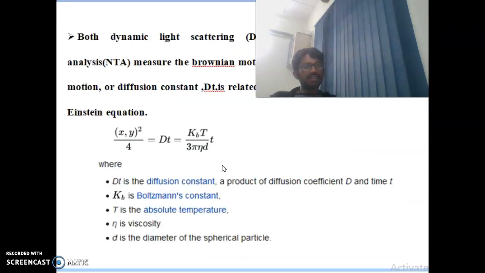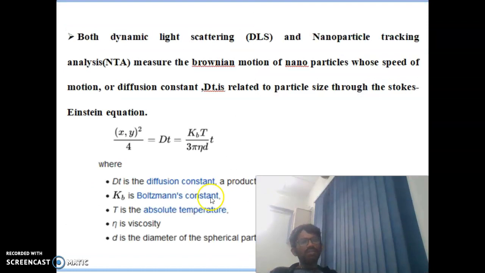And in the next slide, you can see that both dynamic light scattering measurement, meaning DLS, and nanoparticle tracking analysis measure the Brownian motion of nanoparticles, whose speed of motion or diffusion constant Dt is related to the particle size through the Stokes-Einstein equation.